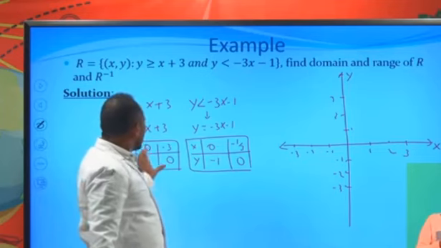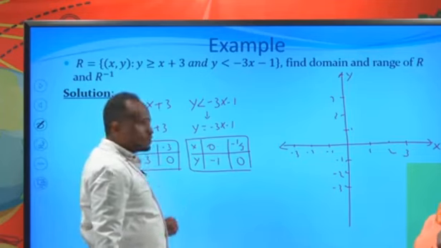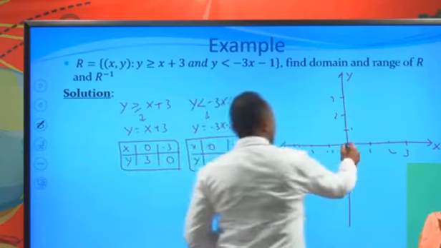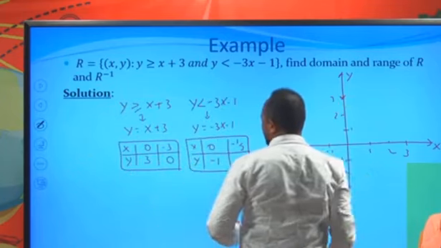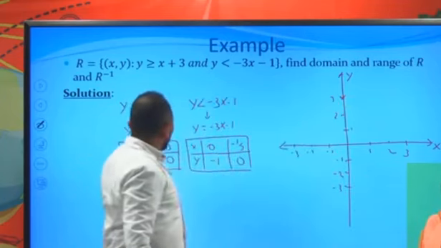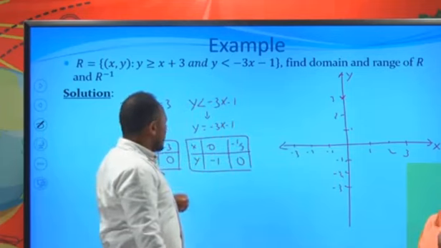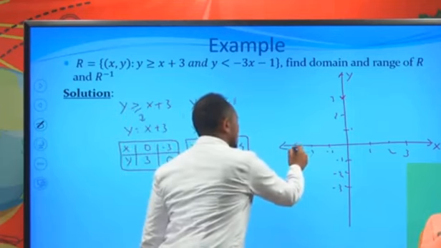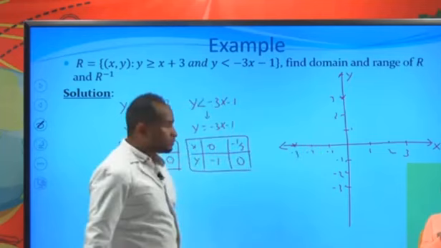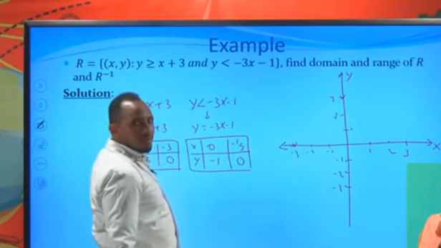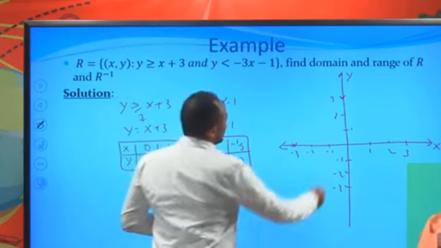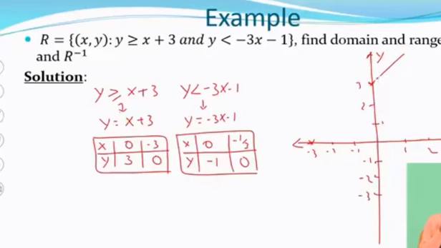To draw the boundary line for y greater than or equal to x plus 3, let's use this table. When x is 0, y is 3, we have this point. When x is negative 3, y is 0, we have this point. The boundary line is included since the inequality is greater than or equal to. So draw this line and check which part will be shaded, below or above.